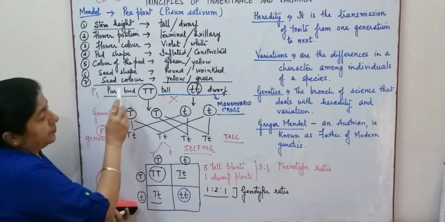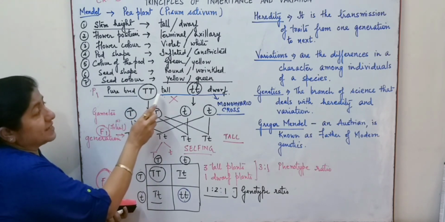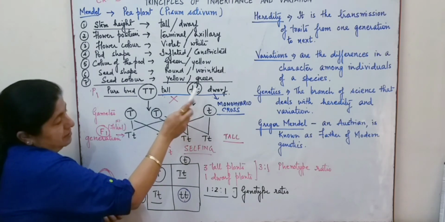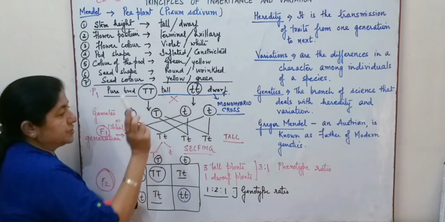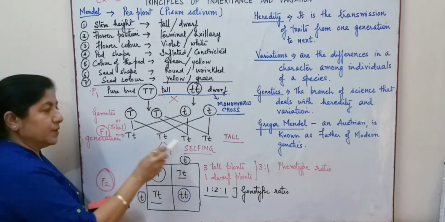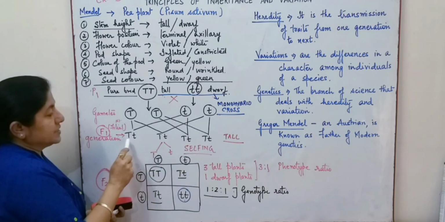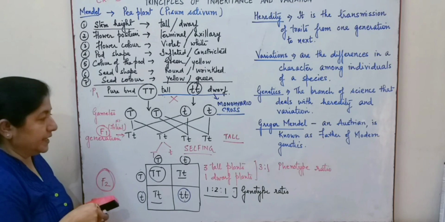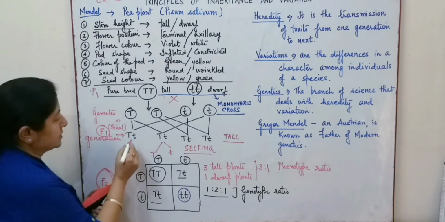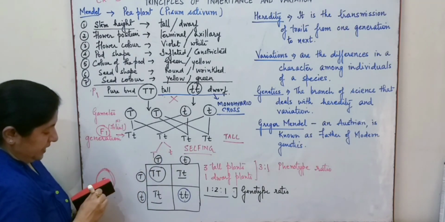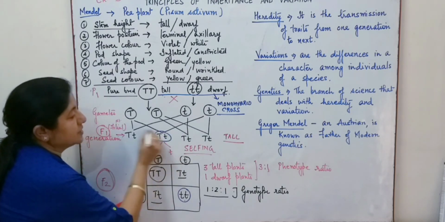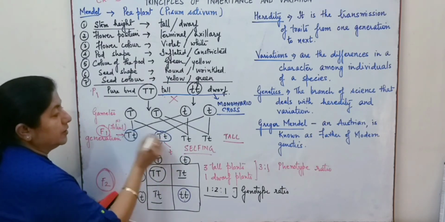So the tallness is represented by capital T and the other one is small t. Now when these were combined, it resulted into a combination of capital T and small t over here, as you can see. Let me use the blue pen. Capital T and small t all over here.